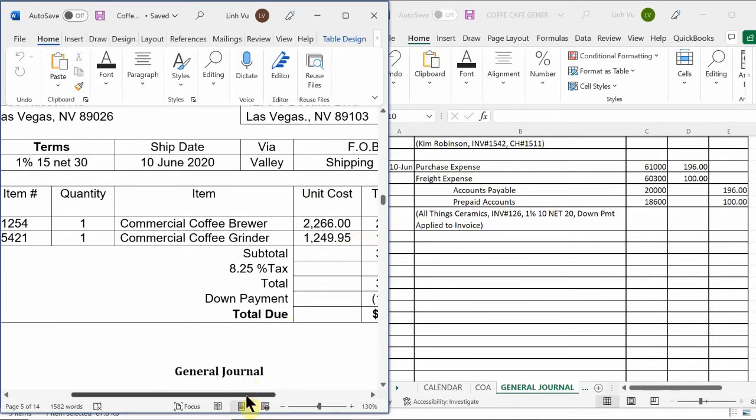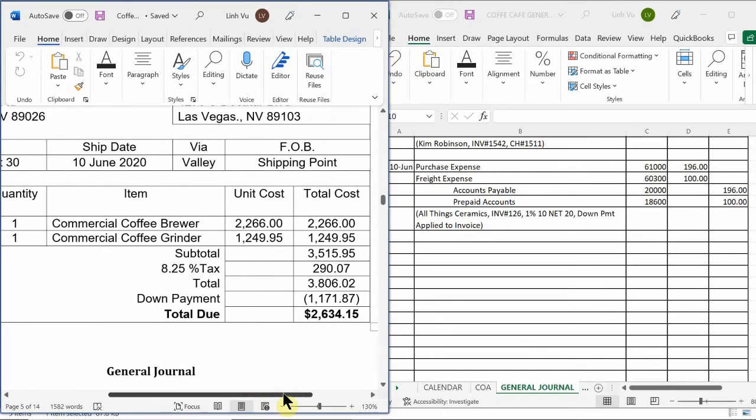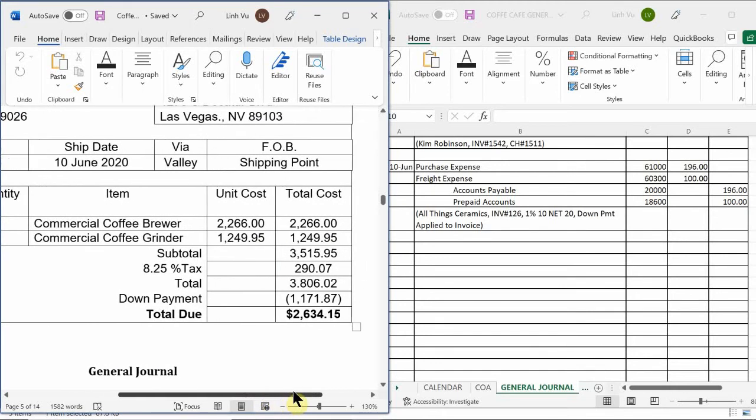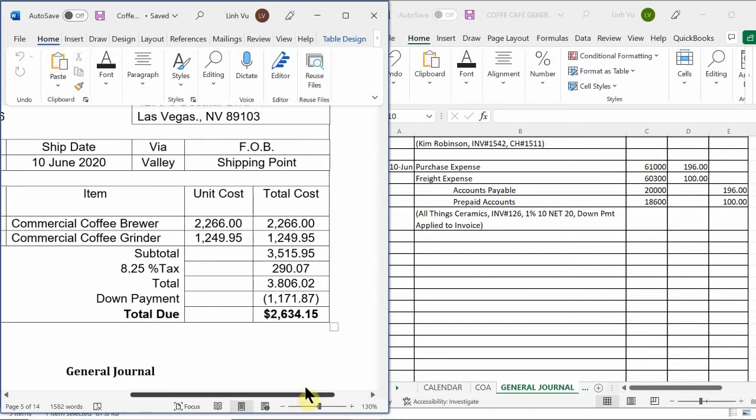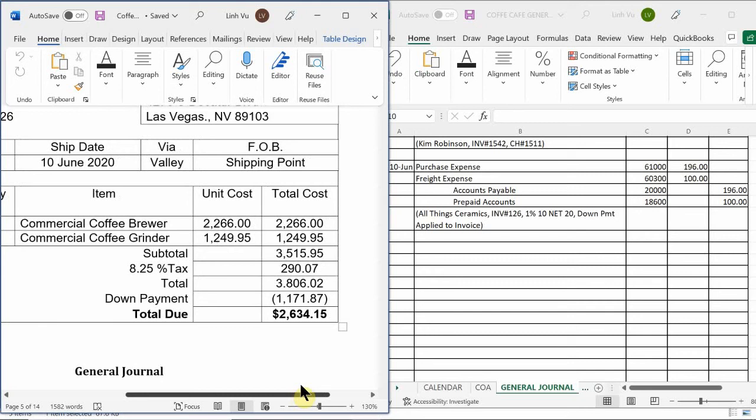Here's the total amounts, right? The coffee brewer was $2,266, and my coffee grinder was $1,249.95. Here's your subtotal. There's your tax. There's your total amount that you owe, and there's the down payment. So this is the actual amount that you actually owe. Okay?